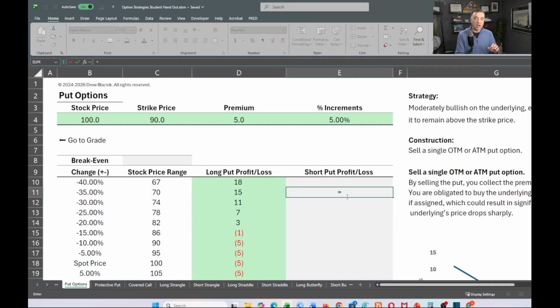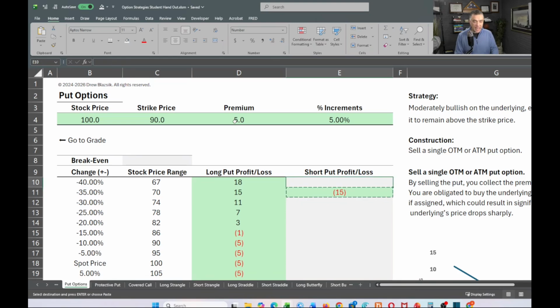That means the seller must give the money to the buyer. That means it's going to be the stock price minus the strike price. And then what they receive is a premium of $5. So that's the profit and loss for the seller.